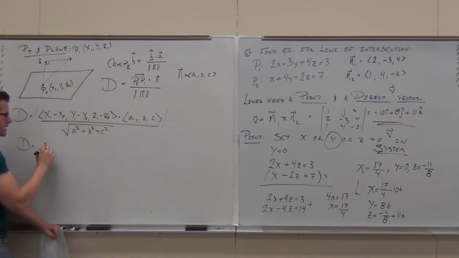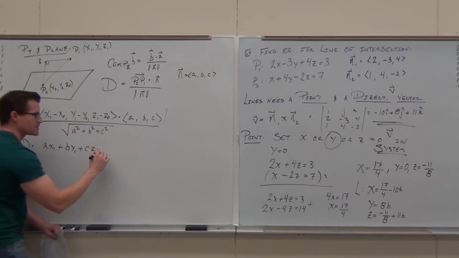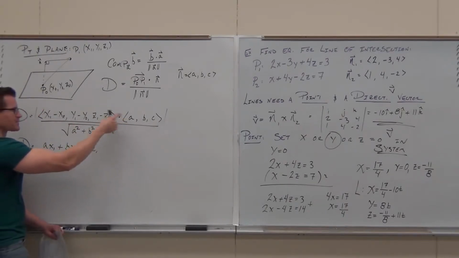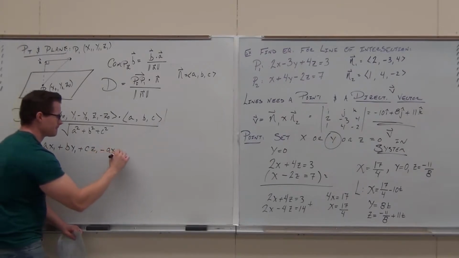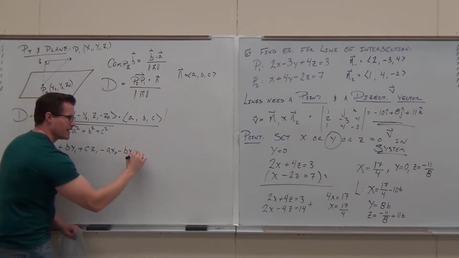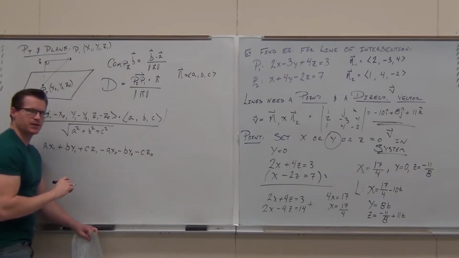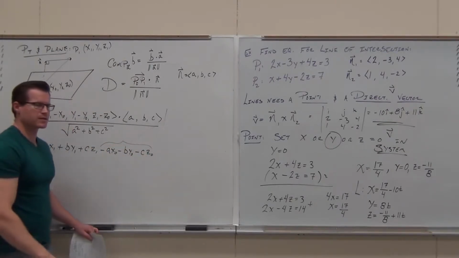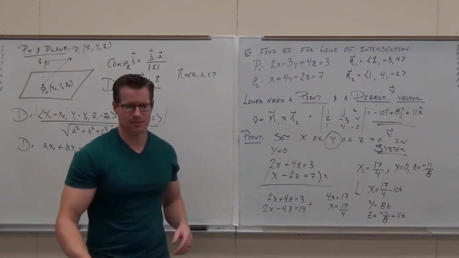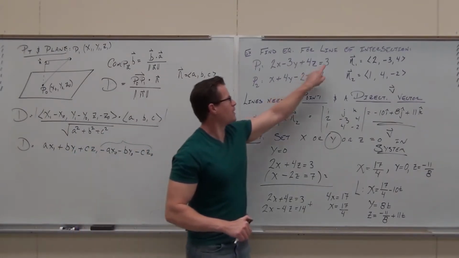So I'm going to get A, X1, I'm going to get B, Y1, I'm going to get C, Z1, but then I'm going to get this stuff, this A, X sub 0, this B, Y sub 0, and this C, Z sub 0. Now here's the neat thing about this. All that stuff that we did before, we called that letter.